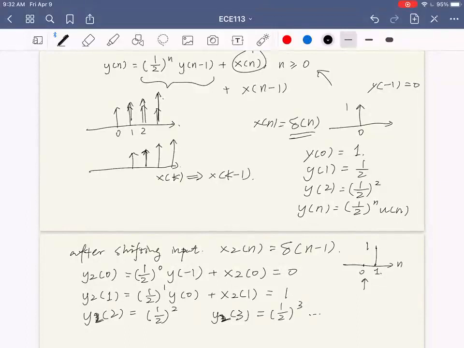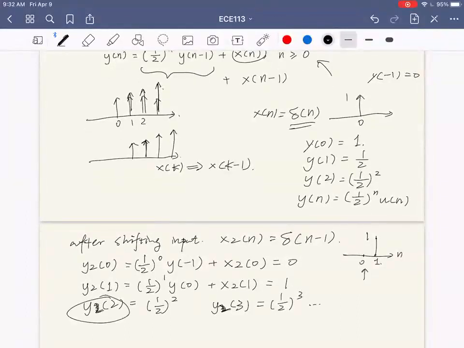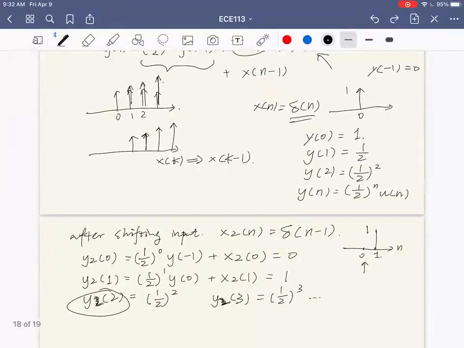Okay. So you observe that y is not simply a shift of our original y, because the original is 1, and then it has 1/2, and then you have 1/4. But now we have 1, and then 1/4, right? This is missing.